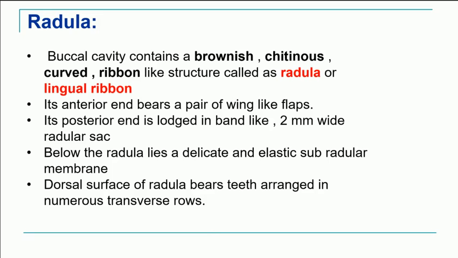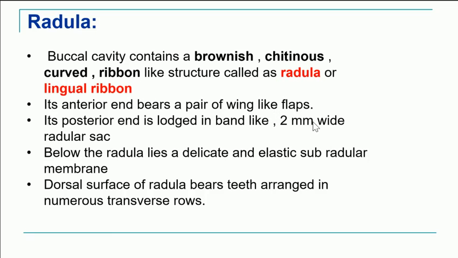Okay, now we move on to the next important part of the buccal cavity, that is called the radula. So what is this radula? This radula is nothing but a brownish chitinous curved ribbon-like structure, and it is called the radula. Also, it is called a lingual ribbon. Now, the anterior part of this radula bears a wing-like flap.